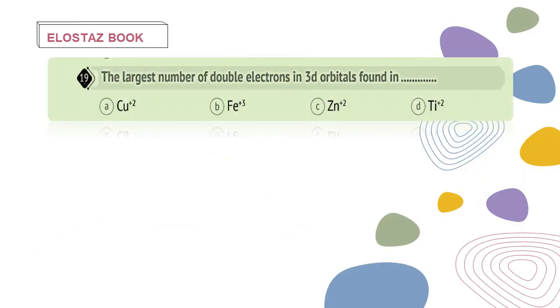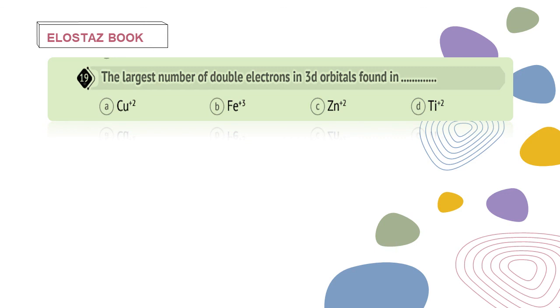Question 19 says that the largest number of double electrons, or dielectrons, in the 3D orbitals is found in... We have our choices: copper plus 2, iron plus 3, zinc plus 2, and titanium plus 2.